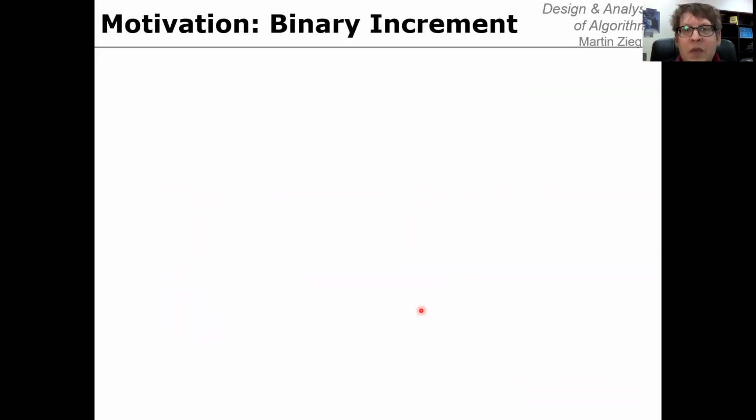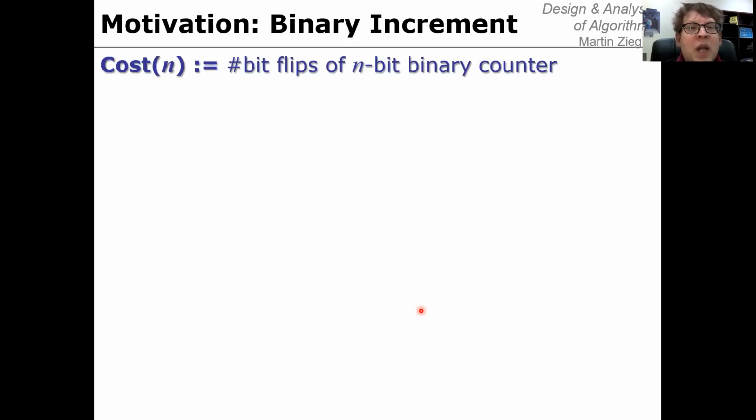So here, for the purpose of this example, we come up with a maybe artificial abstract cost measure, namely we count the number of bit flips of an n-bit binary counter. So when we increment an n-bit binary counter, some bits remain the same and some bits get flipped.